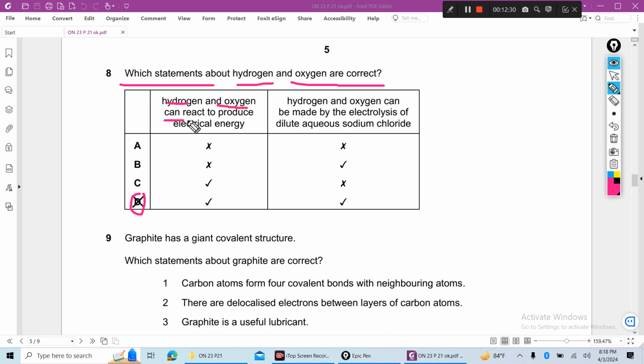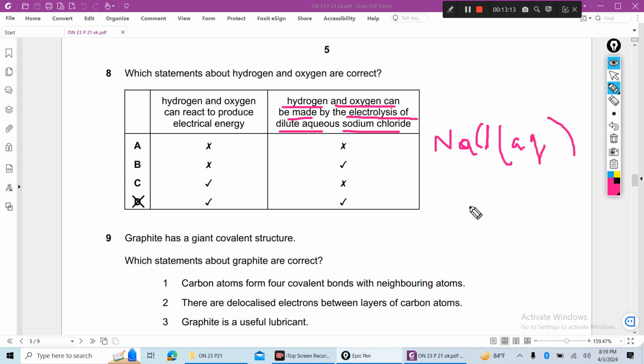Hydrogen and oxygen can react to produce electrical energy, because hydrogen burns with oxygen to produce water and energy is produced, and hydrogen and oxygen can be made by the electrolysis of dilute aqueous sodium chloride. Is dilute aqueous sodium chloride aqueous.